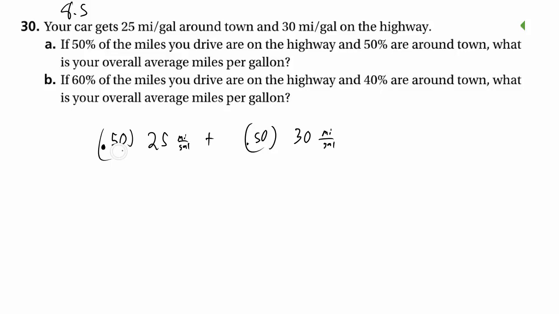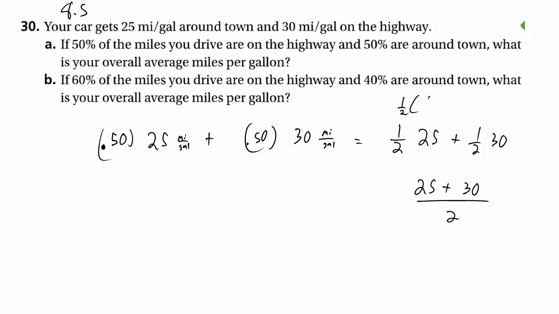So if we take this sort of weighted average of these two things, another way of seeing this, if I'm multiplying each thing by 0.5, that's the same thing as taking both of them and multiplying by 1/2, which is the same thing as taking both things, adding them together, and dividing by 2. So you can see the 1/2 right here as being factored out, and then the 25 plus 30 there.